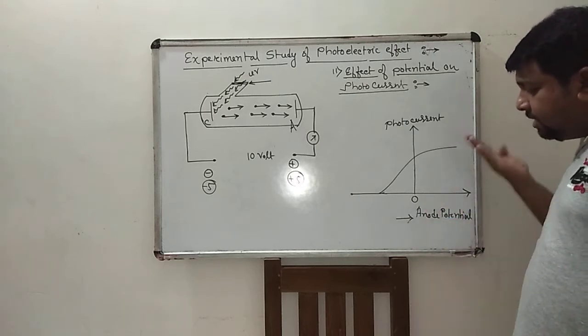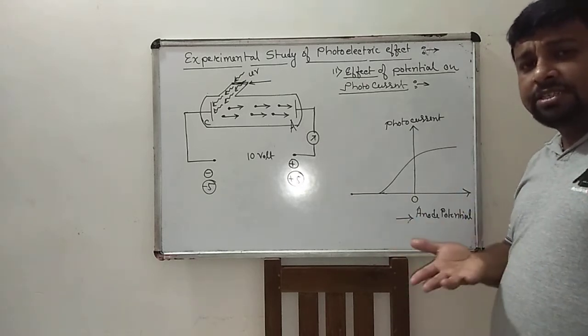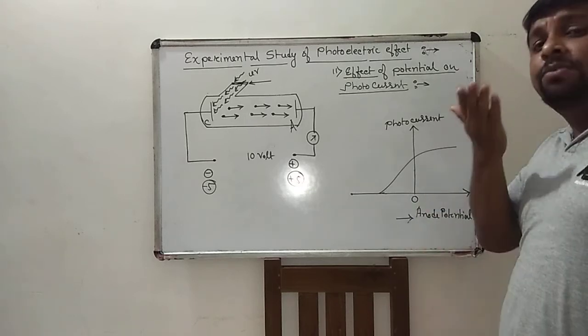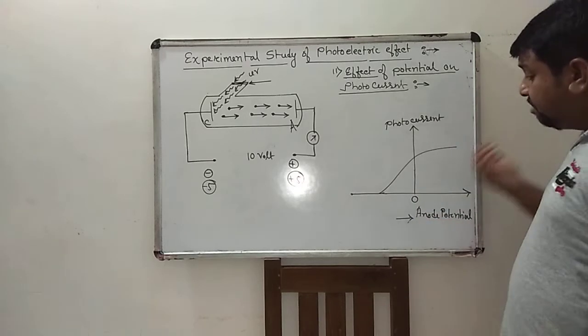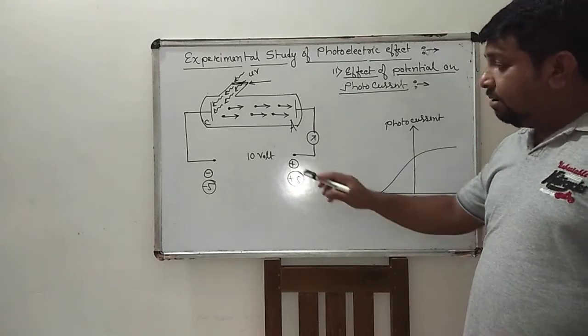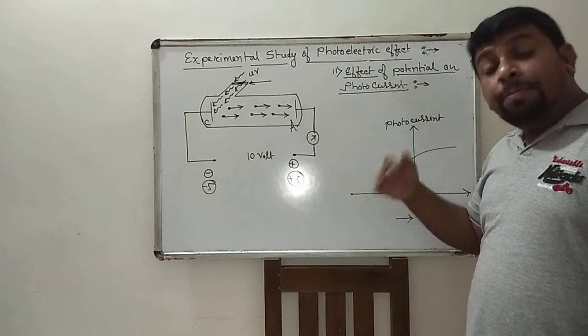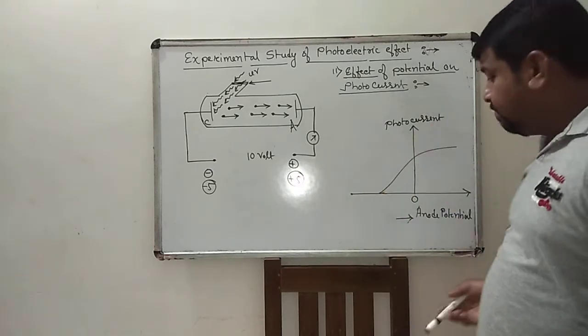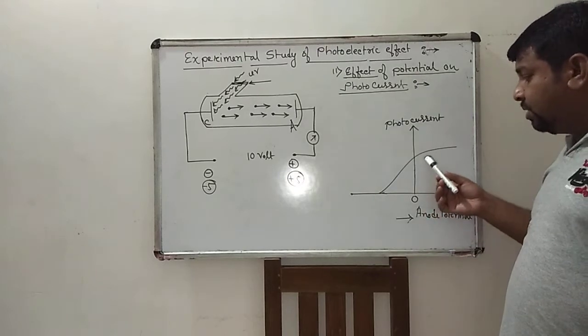After this, if the anode potential is gradually increased, suppose from 0 it becomes +1, +2, +3, +4, +5 like this, then the photocurrent gradually increases.